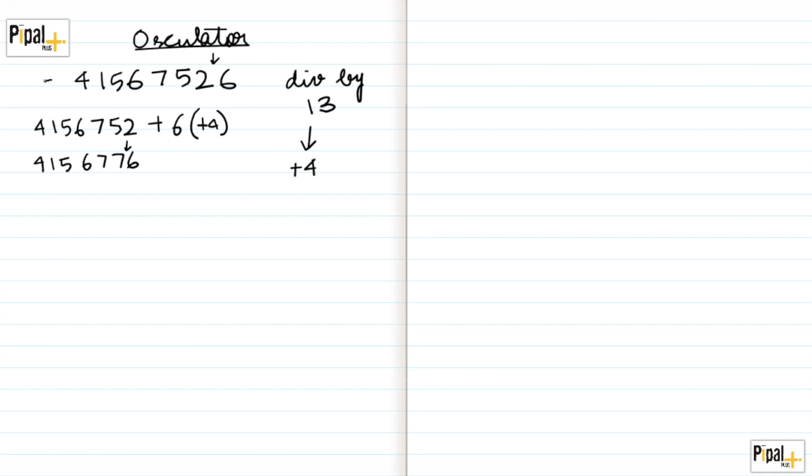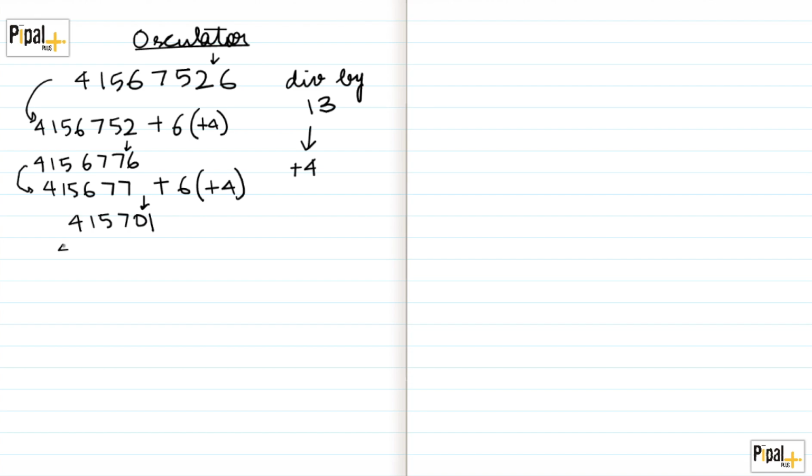So I add 41577 and 24, and I get 41601. And I do the same thing: I separate out the last digit, and to the rest of the digits I add 1 times 4.